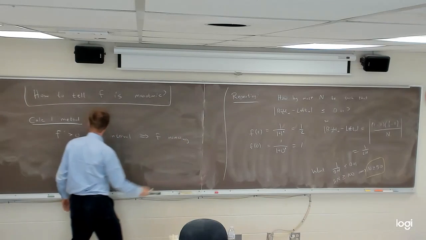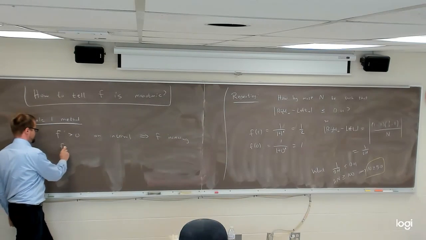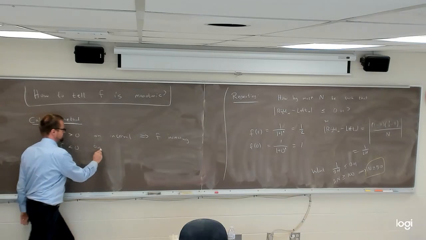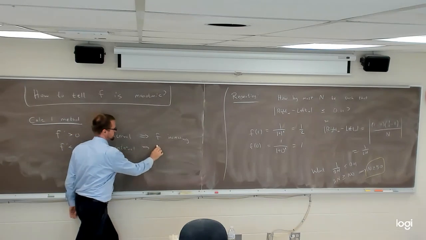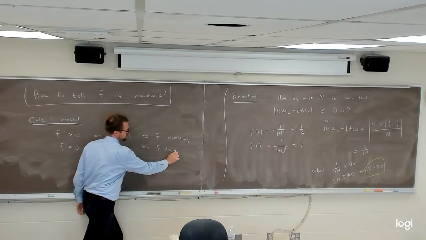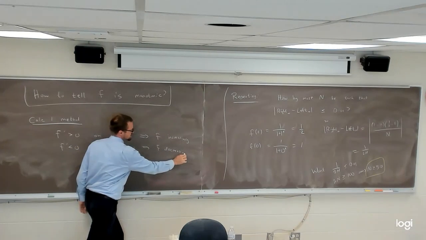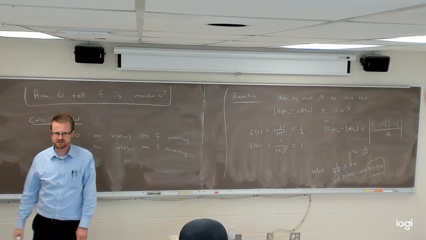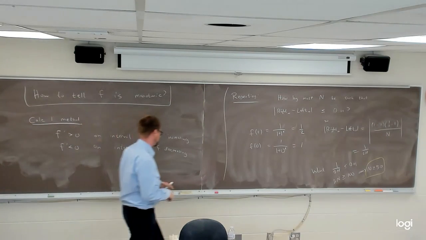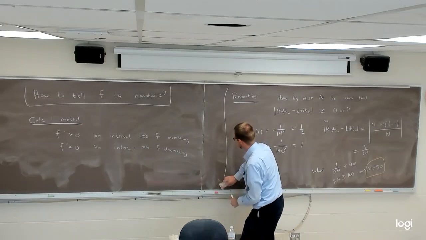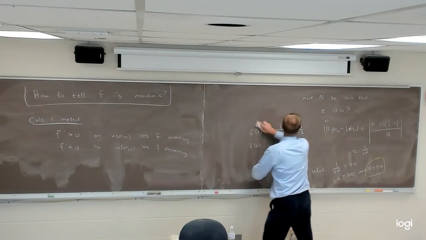And if f prime is negative, then f is decreasing. If f changes sign on the interval, it's positive somewhere and negative somewhere, then your function is not monotonic on that interval. But if it has the same sign throughout, then positive derivative means it's going up, negative derivative means it's going down.